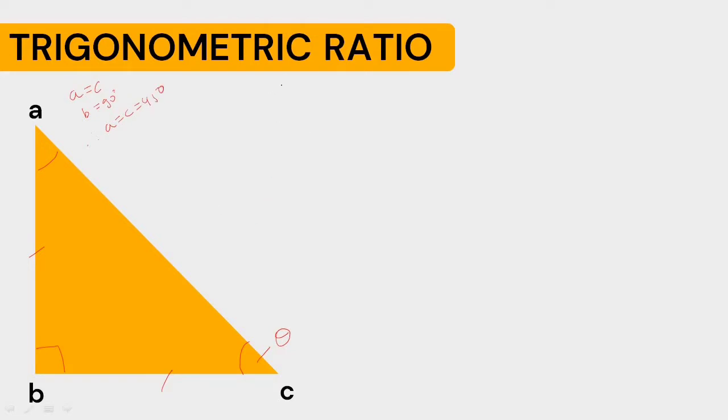So if we suppose that BC is equal to x centimeter, then AB will also be equal to x centimeter, because both are the same, as it is an isosceles right angle triangle. And by using Pythagoras, AC square is equal to AB square plus BC square.